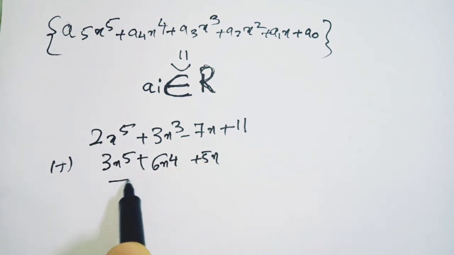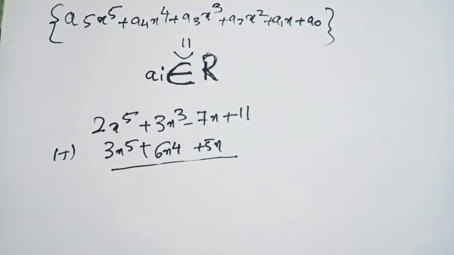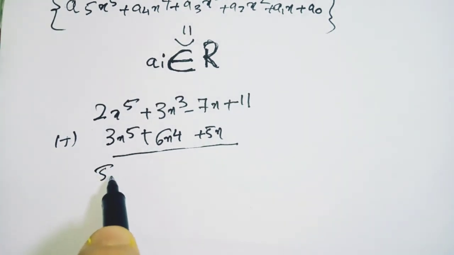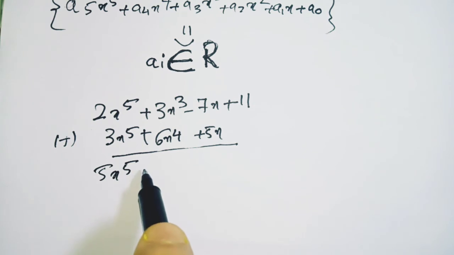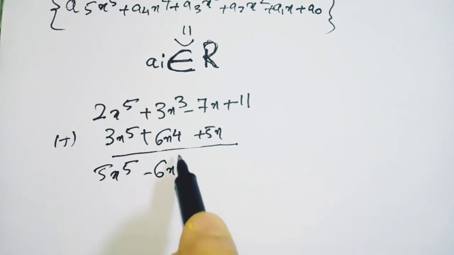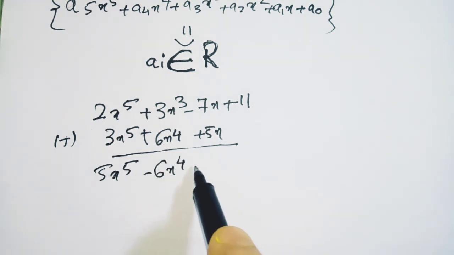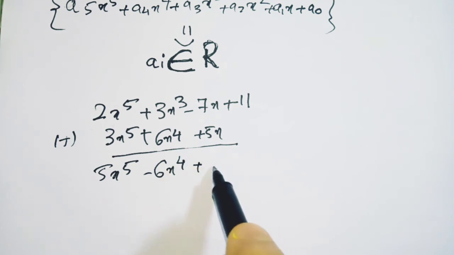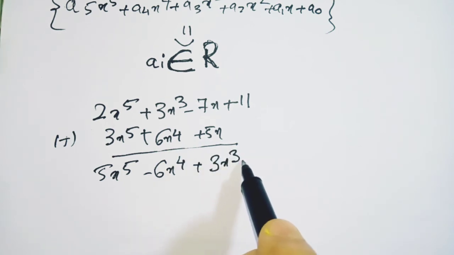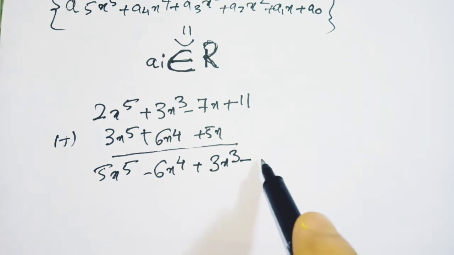So what do we get from here? This would be 5x^5, plus 6x^4, plus, as it is, 3x^3, and this would be minus 7 plus 5, how much?